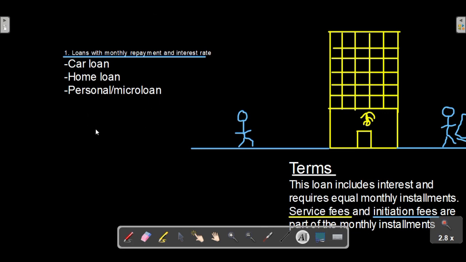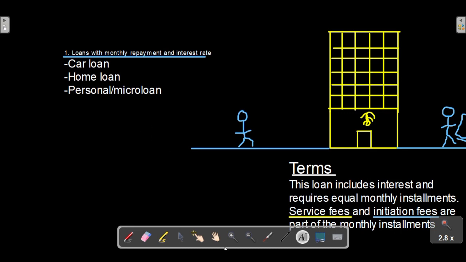That would be your personal loan or microloan. A microloan is the smaller amount of loan that you would get maybe from someone in the community who can give you money, and then you give it back with interest, relatively lower interest rates.